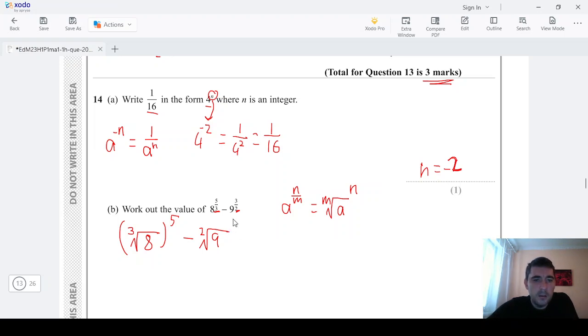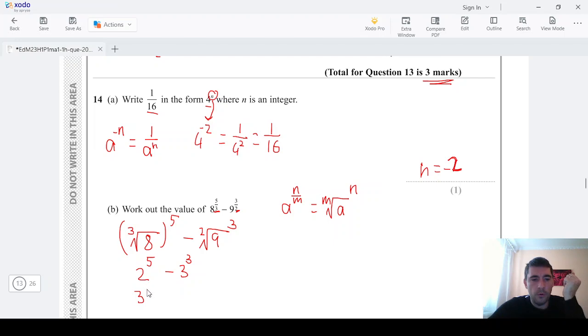And I need to cube the square root of 9. So let's do the cube root of 8. The cube root of 8 is 2 raised to the power of 5, minus the square root of 9, which is 3, and keep the power of 3. So 2 to the power of 5 is 2, 4, 8, 16, and 32.